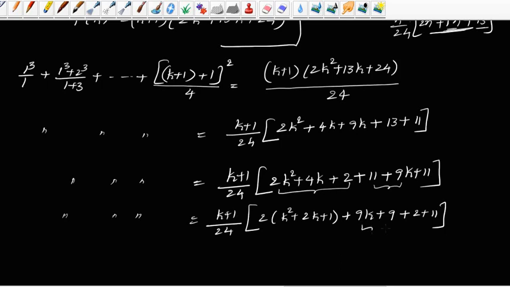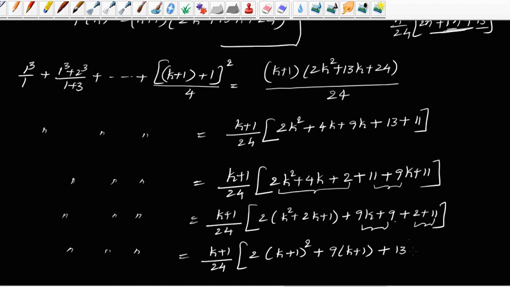So next step, we have to take a common 9 here. So k plus 1 by 24 into 2 into, this is of the form a plus b whole square, plus we are taking 9 common, k plus 1. Next 2 plus 11, how much will you get? 13.